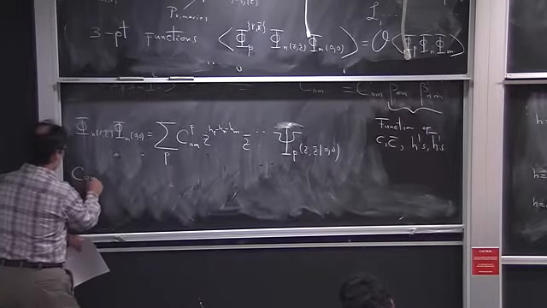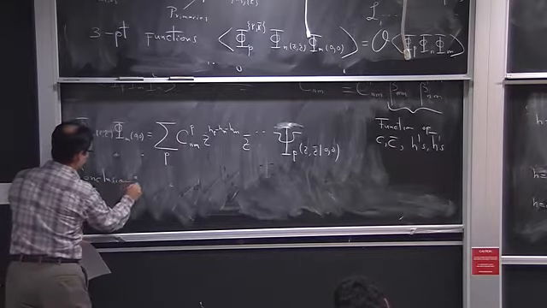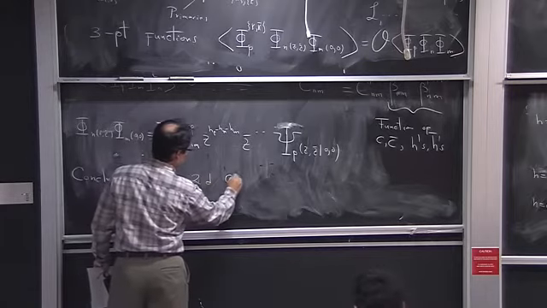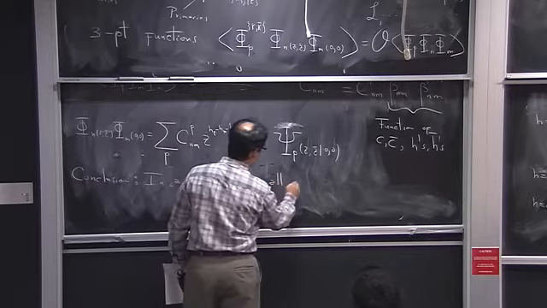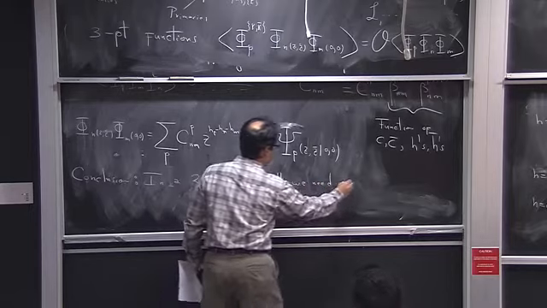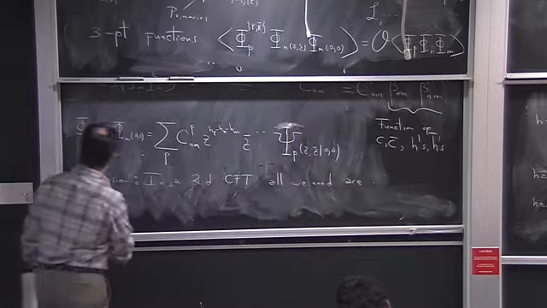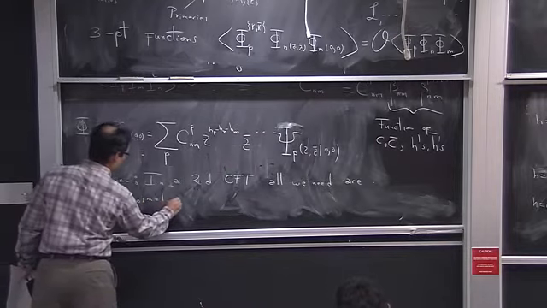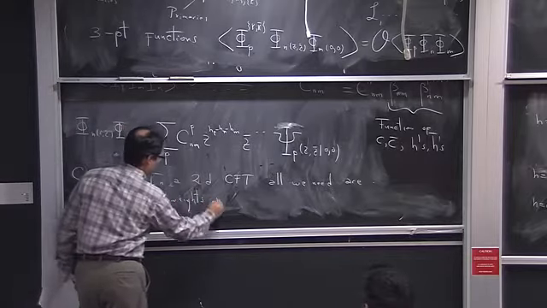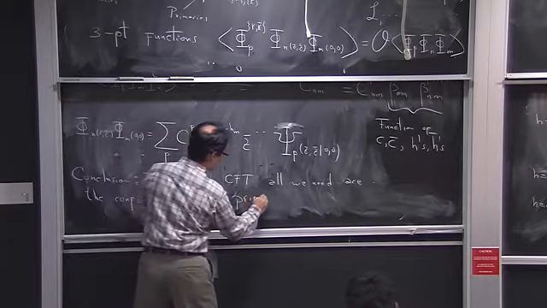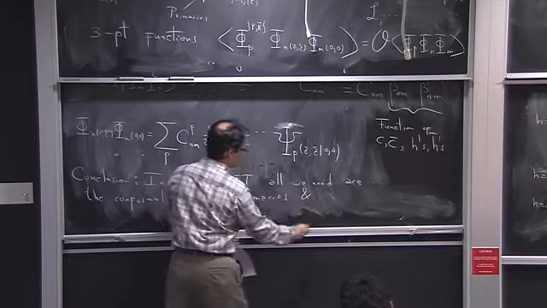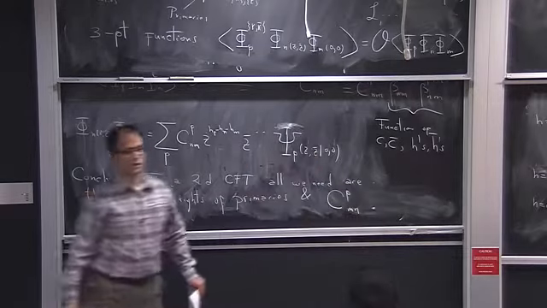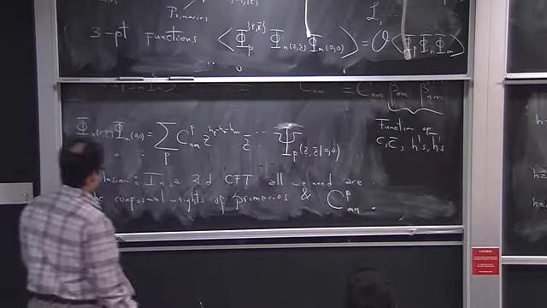And now the conclusion is that in a two-dimensional CFT, all we need are the conformal weights of primaries and the structure constants in order to define the theory.